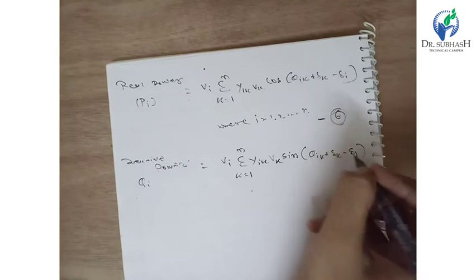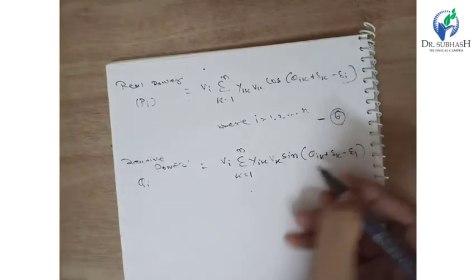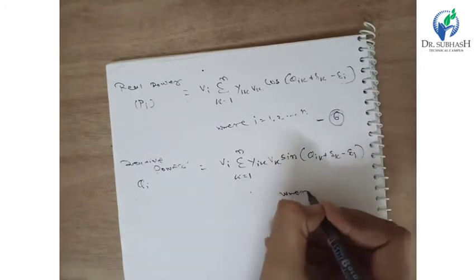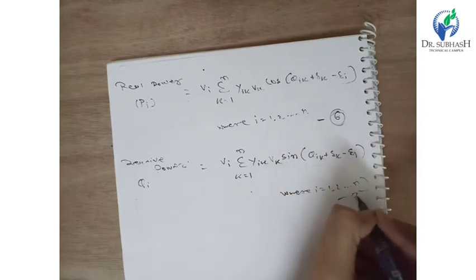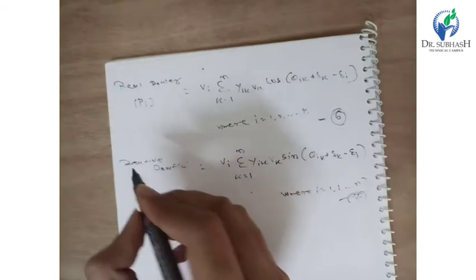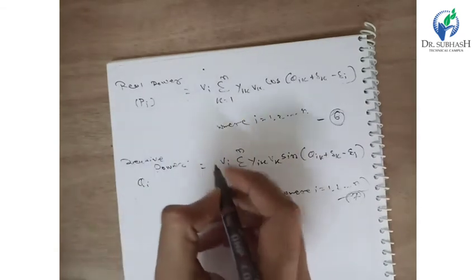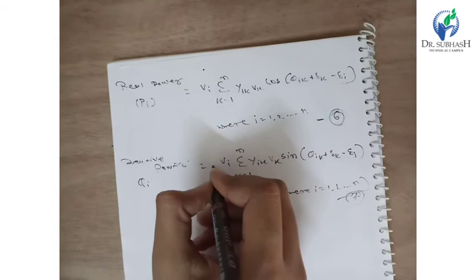There is a negative form of them, where the i value is 1, 2 up to n. It is equation number 7, but it is a reactive power equation, so here we write the value of them in a negative form.